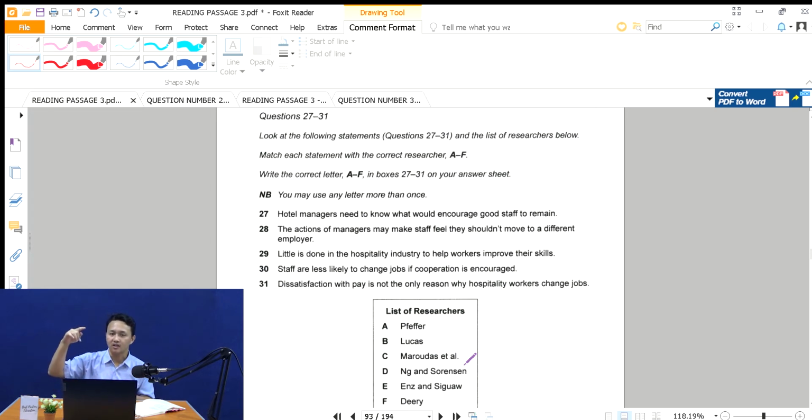Let's say question number 1 is in paragraph 1, maybe question number 2 will be after question number 1, maybe in paragraph 2 or something. But for matching features, the answers will not come in order. So you have to remember that.